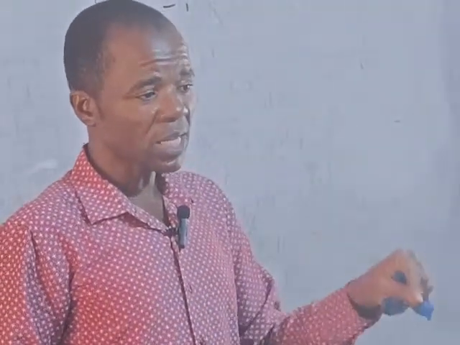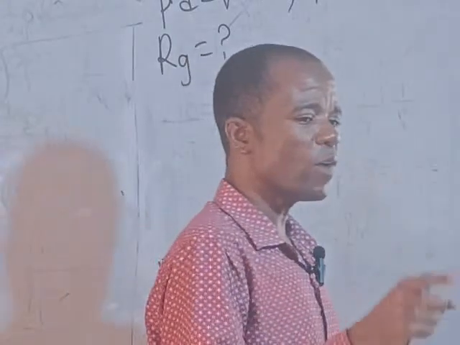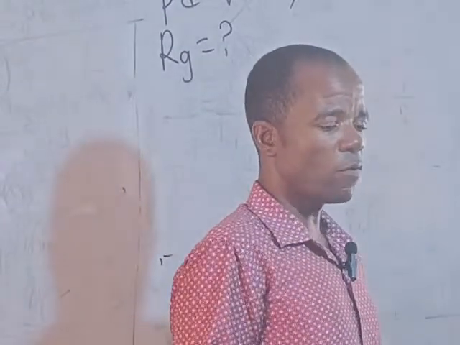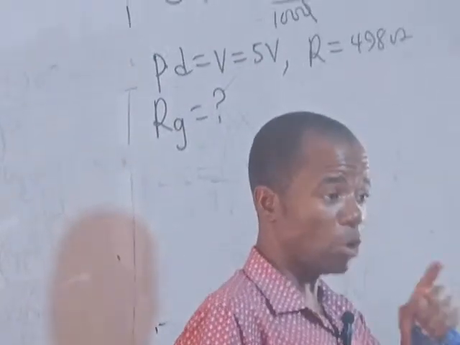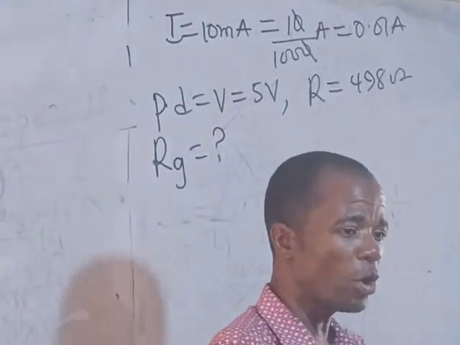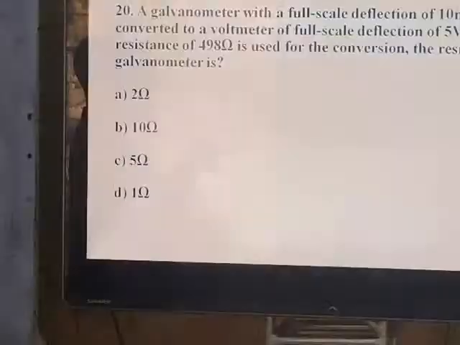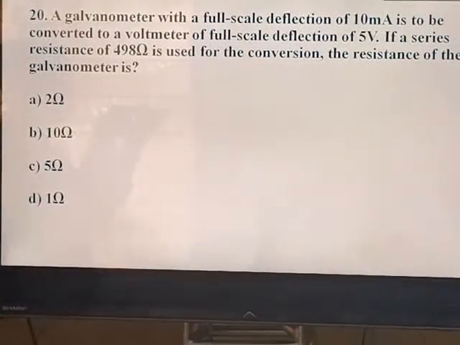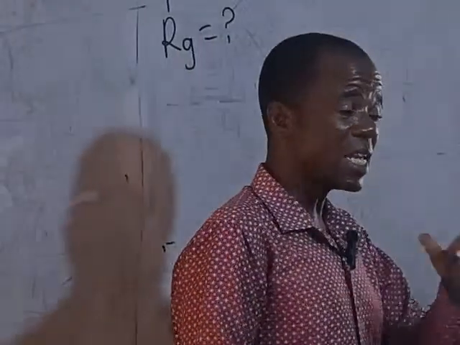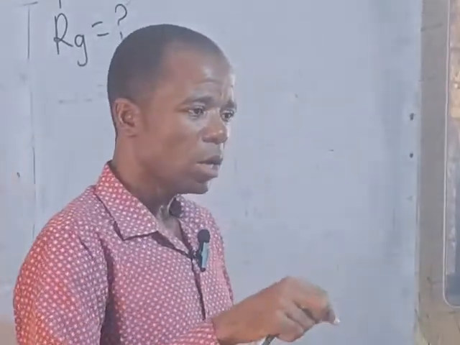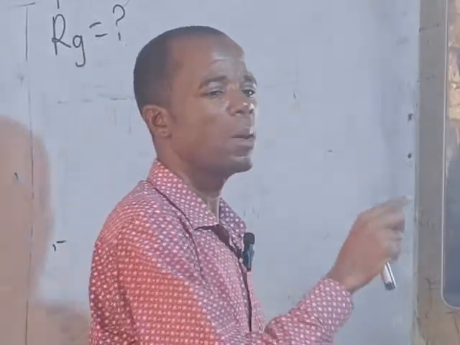That particular high resistance you are connecting in series is called a multiplier. Don't forget, when you are converting your galvanometer to an ammeter, what kind of resistance are you connecting in parallel with it? Low resistance. And that low resistance connected in parallel with it is called a shunt. But when you are converting your galvanometer to a voltmeter, what kind of resistance are you connecting? High resistance. Is it parallel or series? In series with it. And that high resistance that is connected to a galvanometer in series to convert it to a voltmeter is called a multiplier.